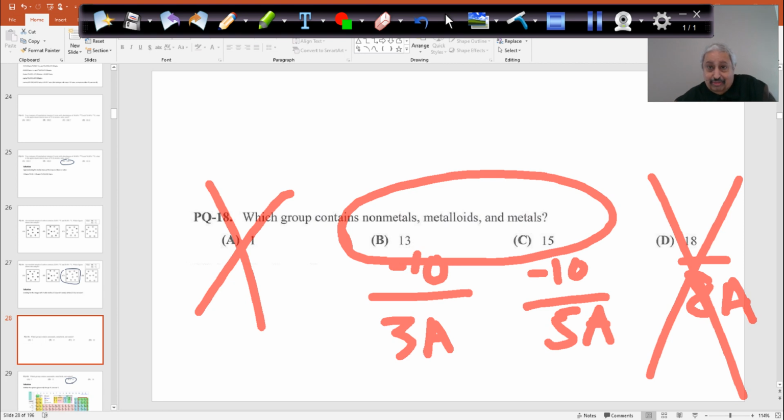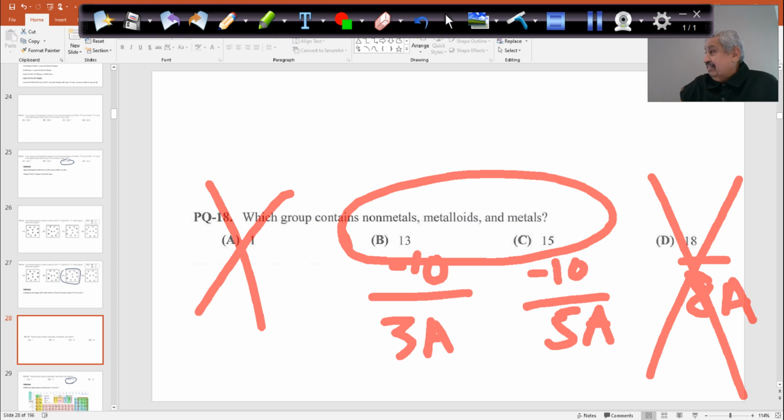You have the periodic table, correct? So the 3A starts with boron, correct? Boron is a metalloid, then it starts to be what? Metals will come in, correct? Aluminum after that, as I remember. Now the 15, I think is 5A, starts with nitrogen, correct?